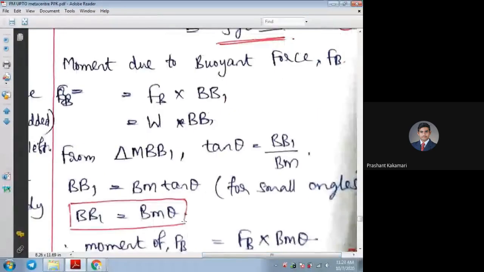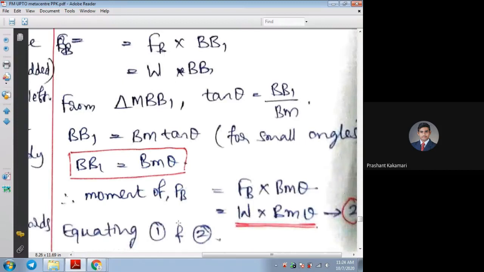So again for small angles, we can write BB dash equal to BM theta. Okay. So now we found one of the moments, that is W into BB dash, I can write it as BM theta. So W BM theta is the couple generated about the point B, and that we can call equation number 2.